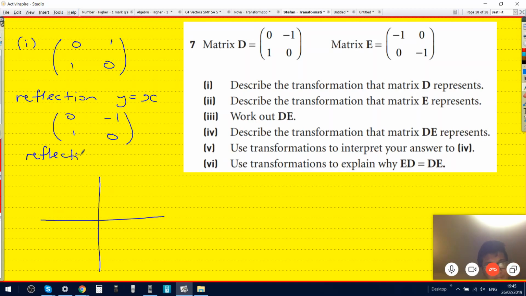And we have to figure that out as one single transformation. So that became A, that became C. B stays the same. And then it's a reflection in the x-axis.